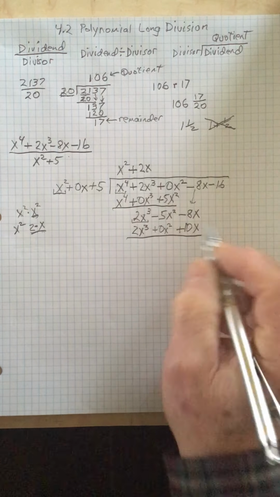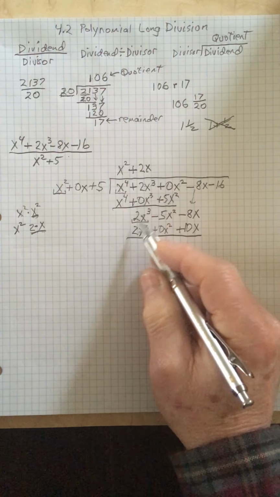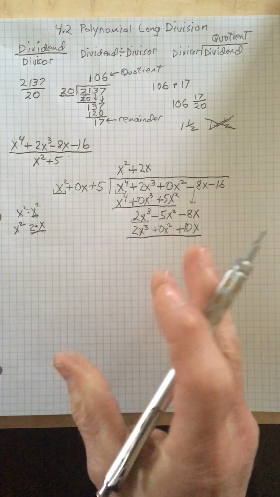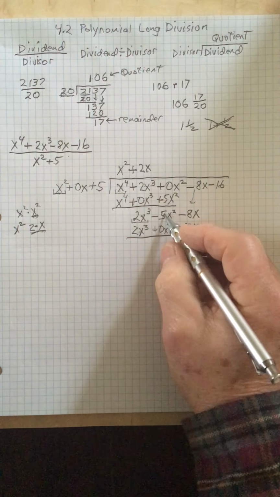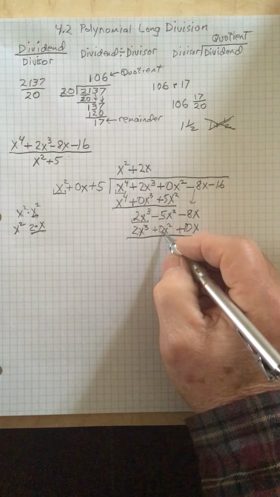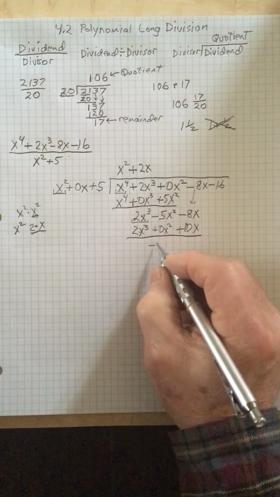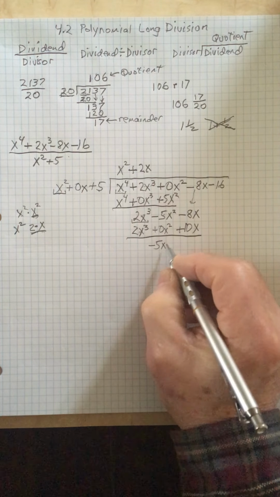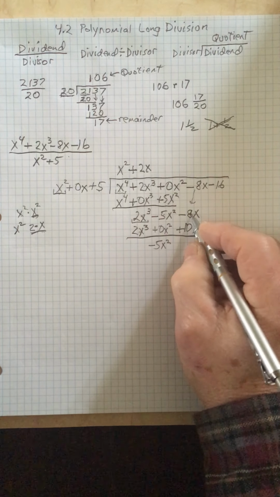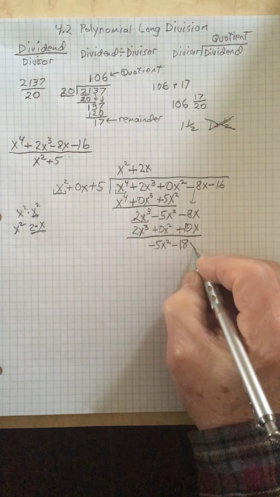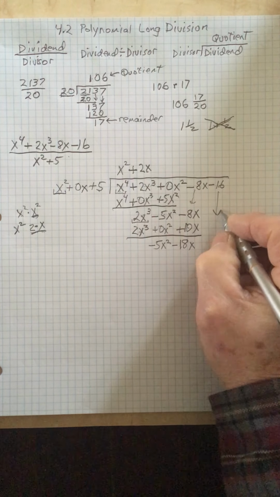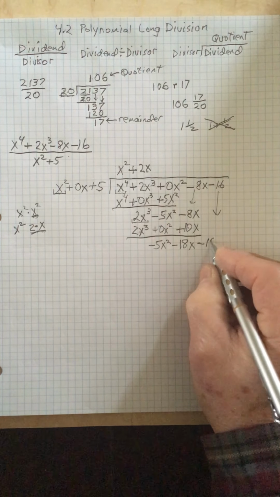Draw a line, subtract. 2 minus 2 is 0. That's what we want. That leading term needs to drop out or you've done something wrong. Minus 5 and 0, that's just minus 5x squared. And then minus 8 minus 10, that's minus 18x. Bring down the next term, minus 16.